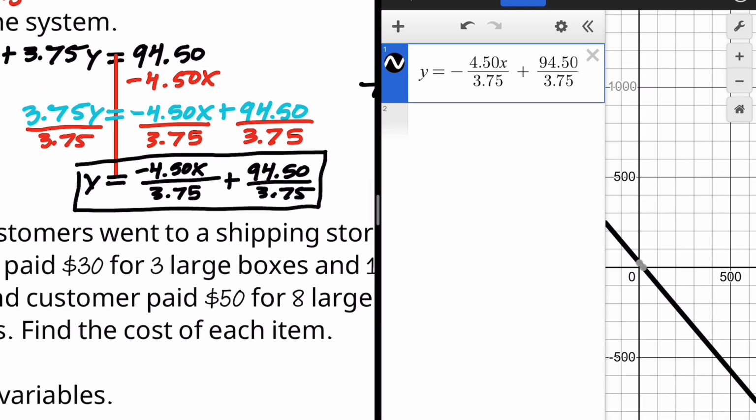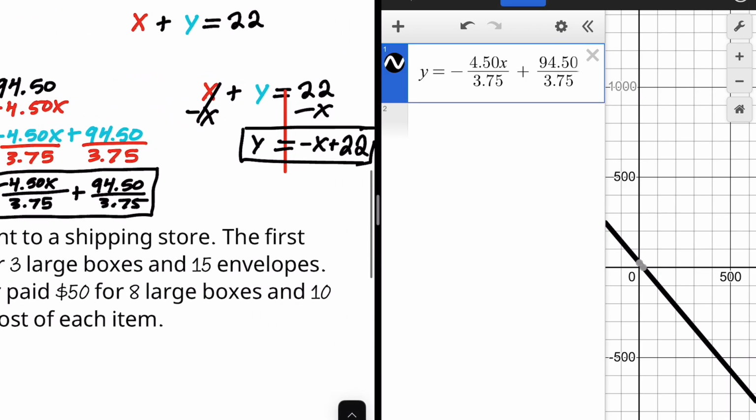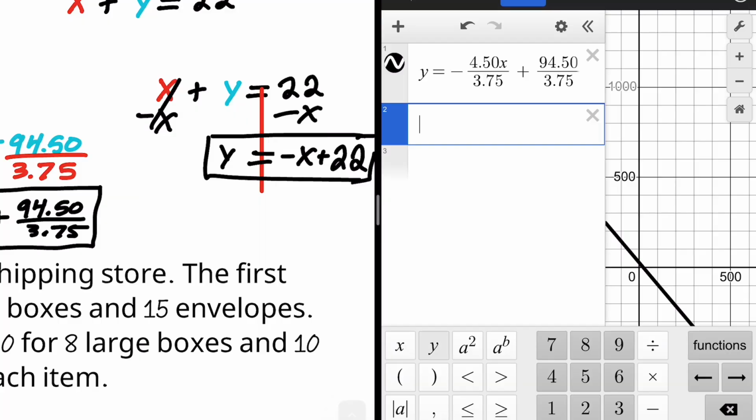Okay, and there is my first equation. My second equation, same thing. y equals negative x. I'm going to type it into Desmos.